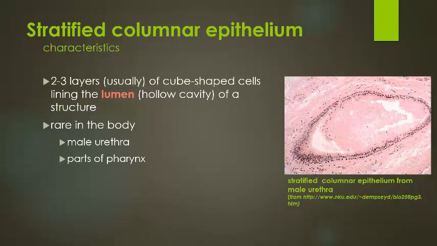And once again, they line the lumens of structures as well, and they are exceedingly rare in the body. We see them in the male urethra, that would be the tube that takes urine from the bladder to the external environment, and also in parts of the pharynx. That's the throat region. So once again, fairly rare in the body.